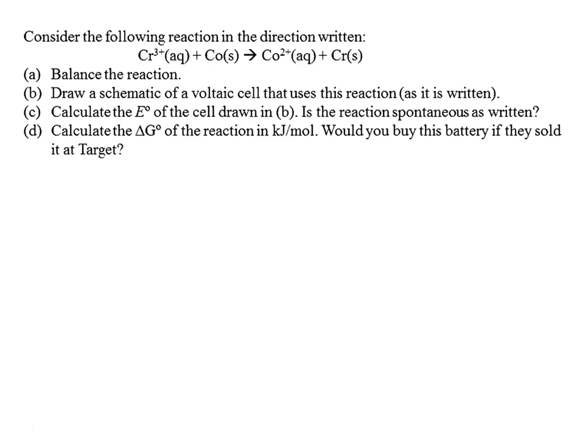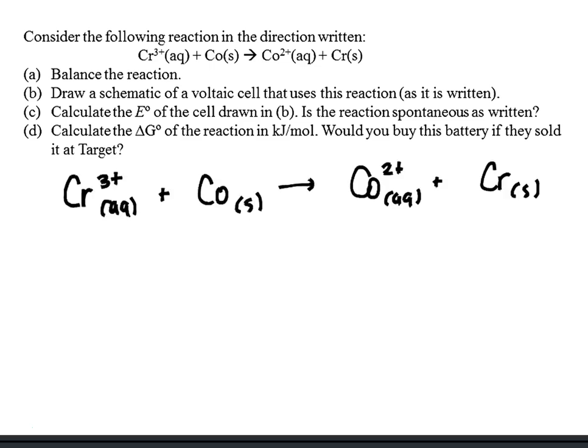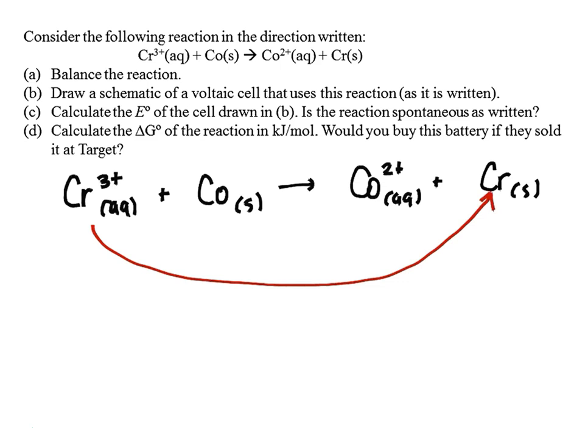Chromium has 3 electrons that it needs to gain to form chromium solid, whereas cobalt will lose 2 electrons to form cobalt-2 ion, which means we need to balance the number of electrons involved. Instead of 3 electrons or 2 electrons, it needs to be the same number, so we need to make that a 6. Which means we need to have 2 chromiums and 3 cobalts.